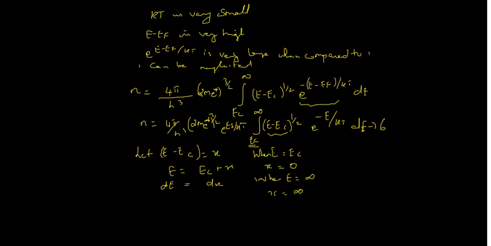Now let us substitute everything here. n is equal to 4 pi by h cube into 2m e star power 3 by 2, e power EF by kT. Up to this there is no problem. Now the integral runs from 0 to infinity. E minus EC is already taken as x power 1 by 2.